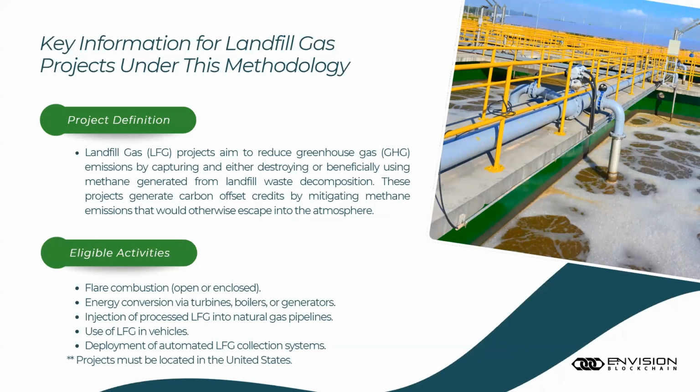And some of the eligible activities include flare combustion, open or enclosed, energy conversion via turbines, boilers, or generators, injection of processed landfill gas into natural gas pipelines, the use of landfill gas in vehicles, deployment of automated landfill gas collection systems. And again, it's just important to note that these projects must be located in the United States.